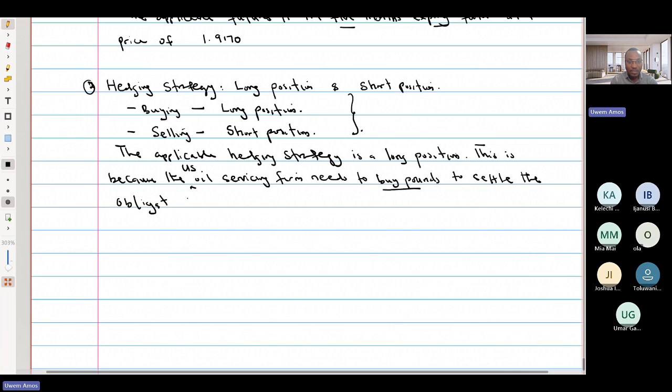And the futures dealer clearly has pounds in place. So when you are buying, take a long position. Okay, so that's our hedging strategy.